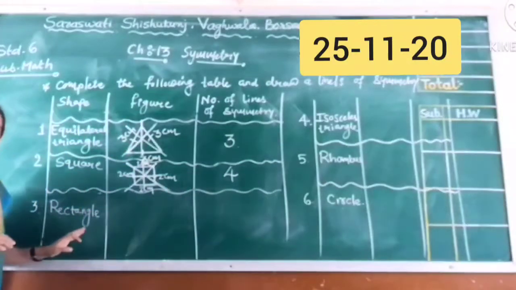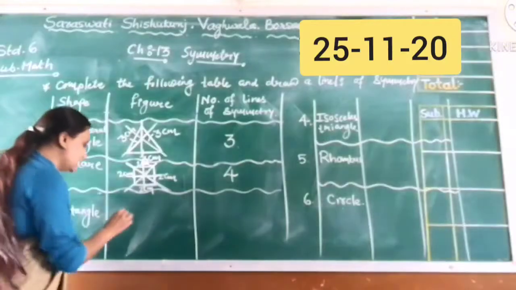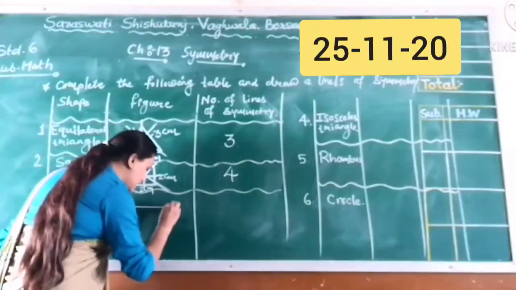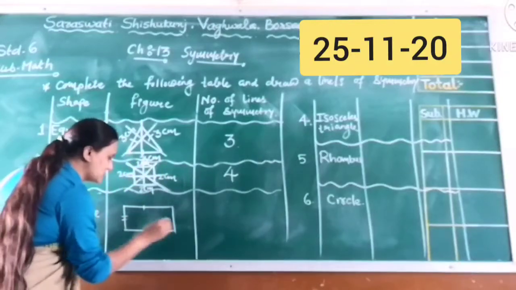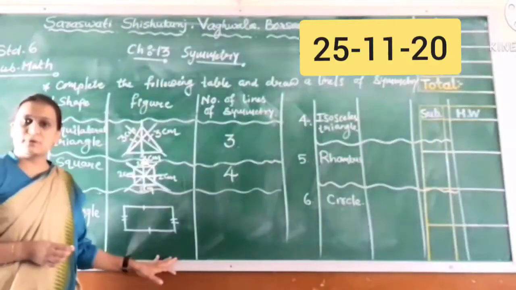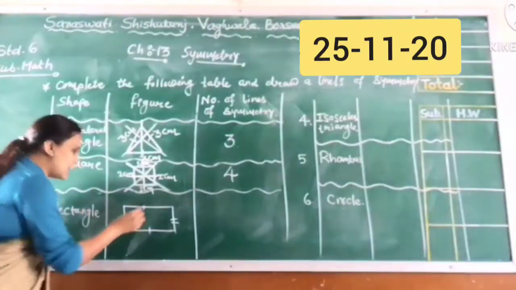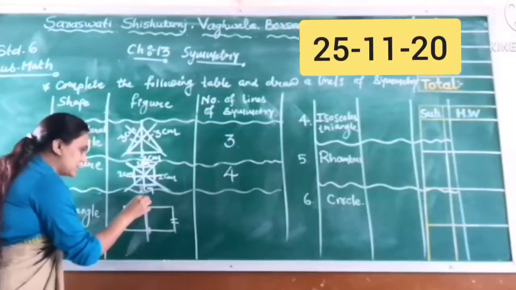Now the third one is the rectangle. In a rectangle, opposite sides are equal. So let us draw the rectangle. Here you can see these two sides and these two sides are equal. Now we want to draw the lines of symmetry in a rectangle. Suppose you are drawing it vertically. This is the vertical line.